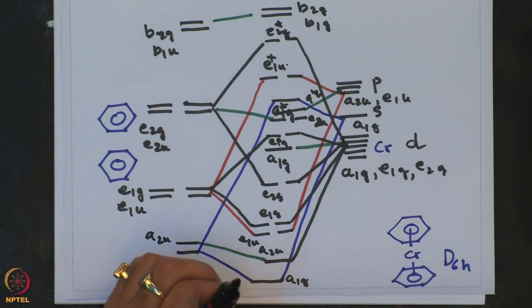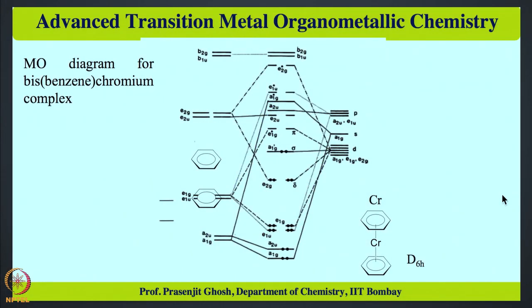Now, this is done in a qualitative way. The more quantitative picture is obviously given on the screen. It is important that one constructs this molecular orbital diagram just to get a feel for all the bonding and non-bonding orbitals and how they interact.